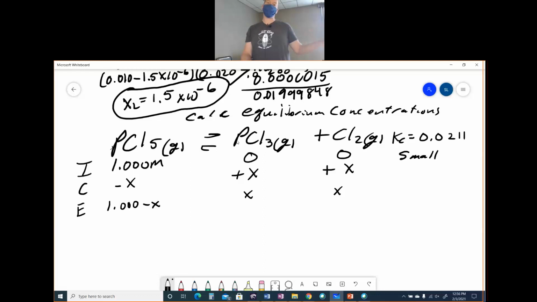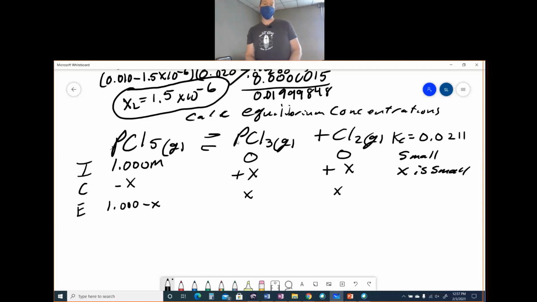Minus 4, minus 3, minus 2, minus 1, those usually require multiple successive approximations before you get the same number twice. All right, so this is small, and so that means that x is also small. So when your Kc is less than 1, then you know that your x is also small.